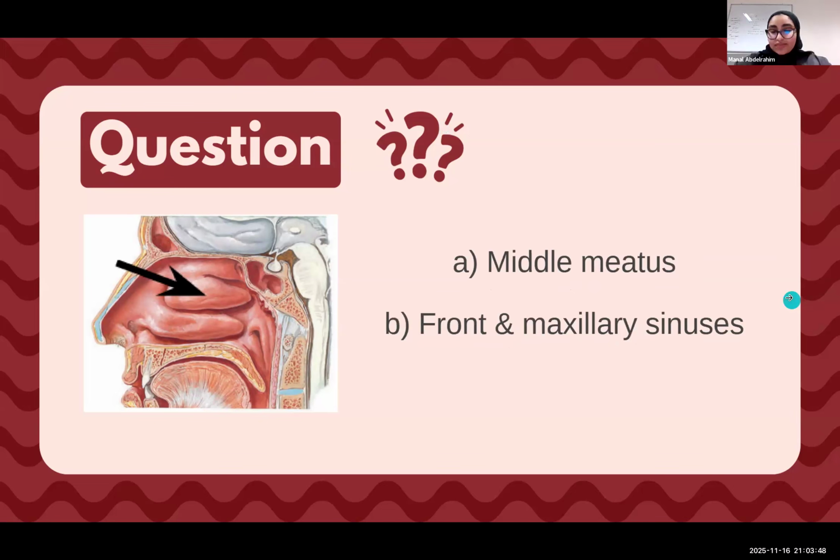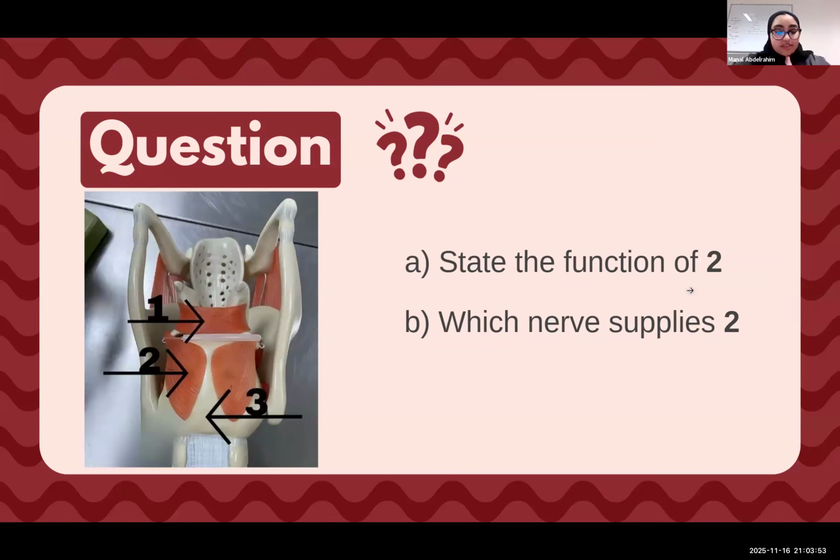Middle meatus, frontal and maxillary sinuses are examples. Another question. Does anyone want to answer that one? Okay, abduction of the vocal cords. Which nerve? Recurrent laryngeal, amazing. So all clear? Are we good to go? Any questions?